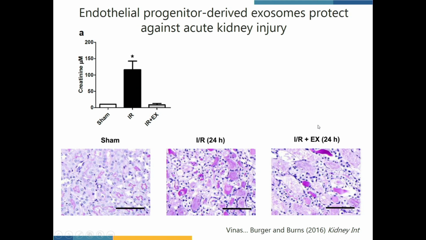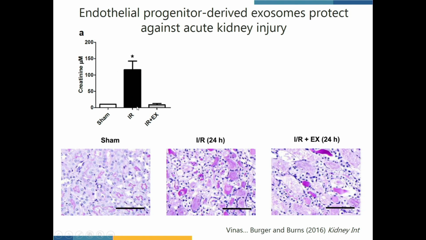In collaboration with Kevin Burns at the Kidney Research Center, we've actually done some work in this area. I'm not going to show a lot of it, but we have shown that if you take these small EVs from endothelial colony-forming cells, a form of endothelial progenitor cell, and we treat them with an ischemic injury to the kidney, we can actually reverse the ischemic damage. This is creatinine, a measure of kidney function.